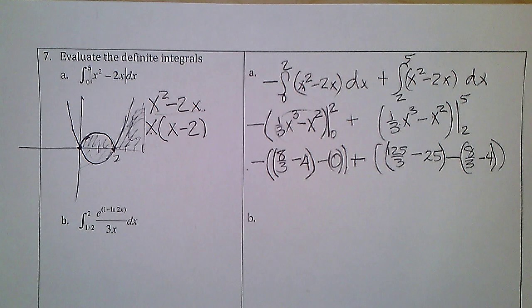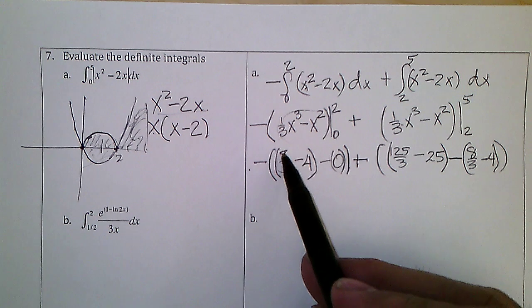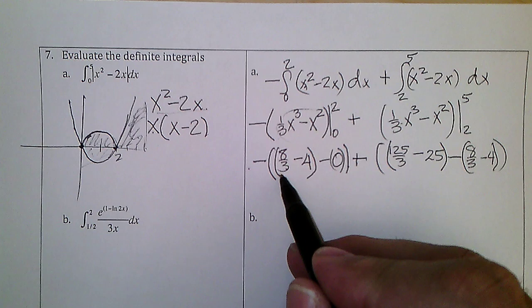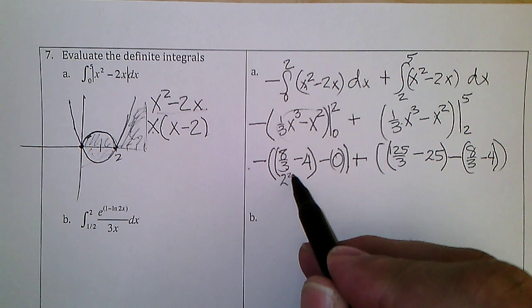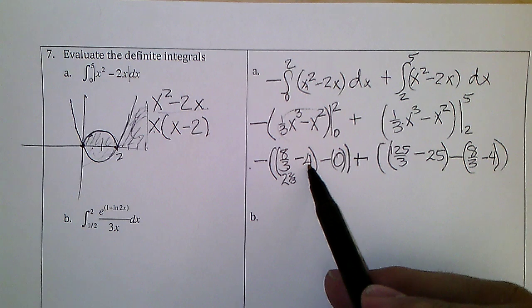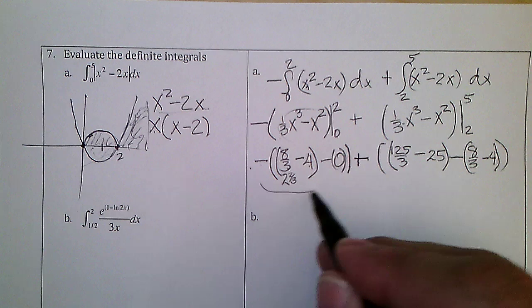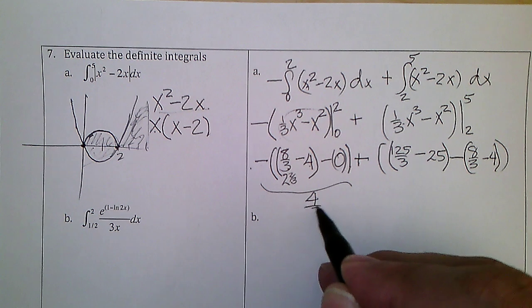And so now we got to figure this out. So 8/3 is 2 and 2/3 minus 4 is minus 4/3, and the minus of that is plus 4/3.